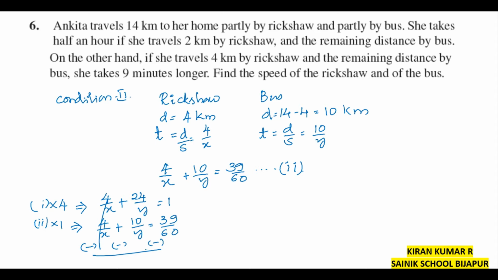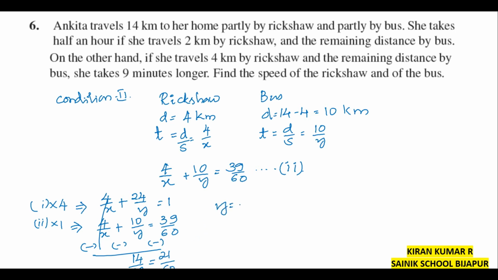What is 24 by y minus 10 by y? It will be 14 by y equal to 1 minus 39 upon 60, which is 60 minus 39 upon 60. We get it as 21 upon 60.